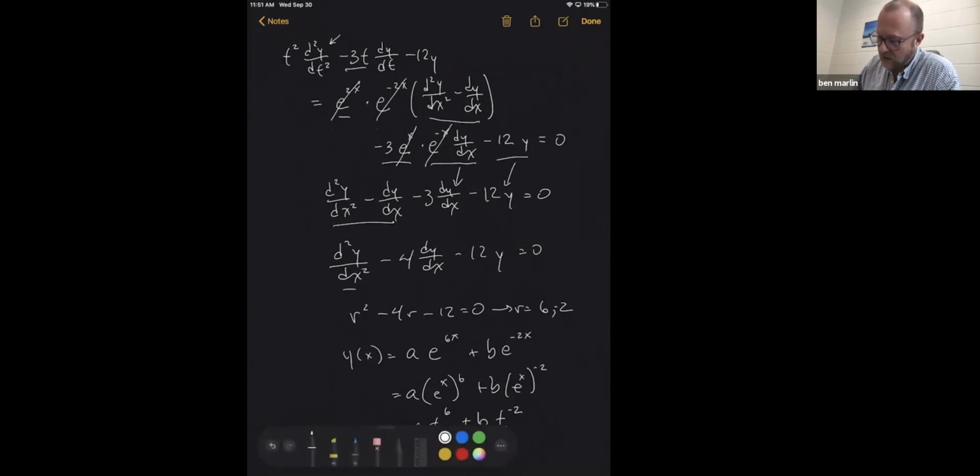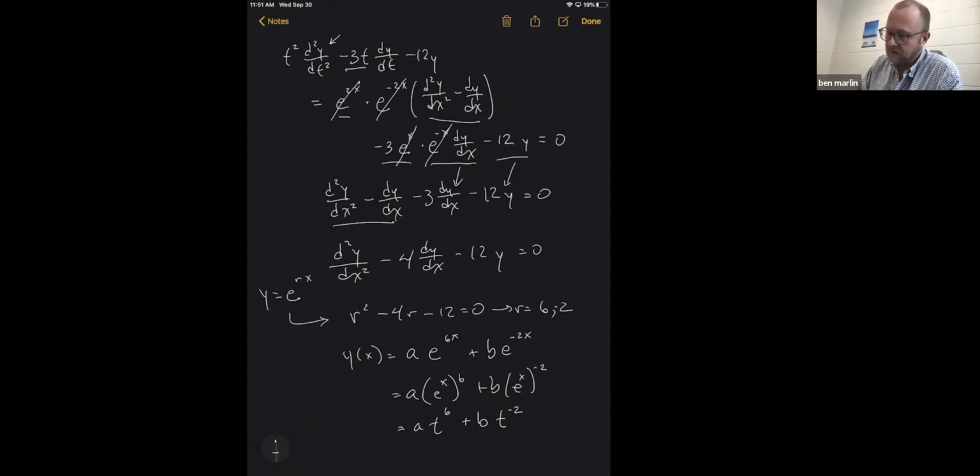And we are trying to have y equals e to the rx be our guess here, okay? And when we do that, which we can because it has constant coefficients, we get the same equation that we saw before. And we solve and get r equals 6 and r equals negative 2.